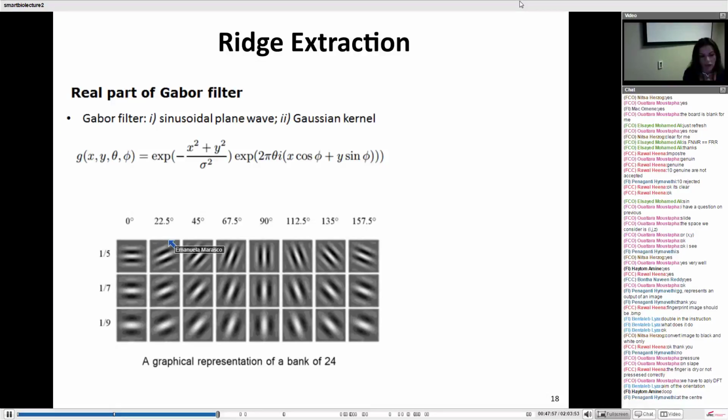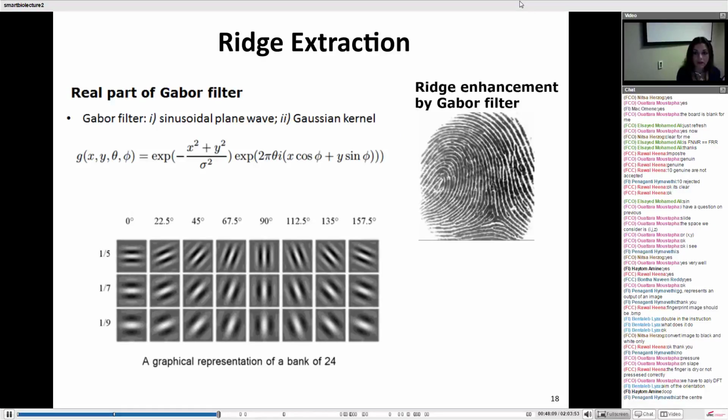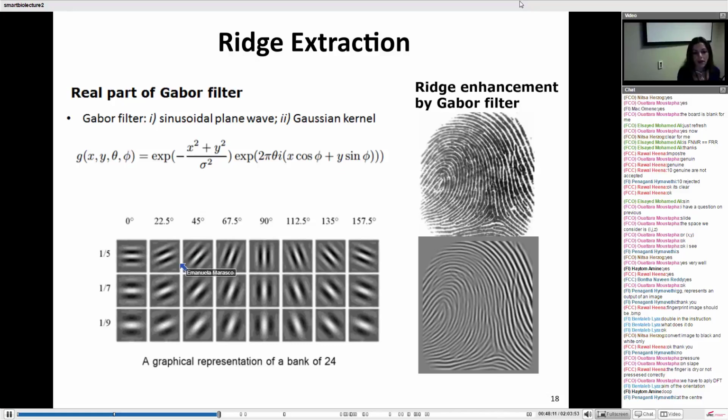This is the Gabor filter that we can apply to the fingerprint image and extract the ridge. And of course, we can use a bank of 24 filters, where each orientation corresponds to the orientation typical in a ridge pattern.